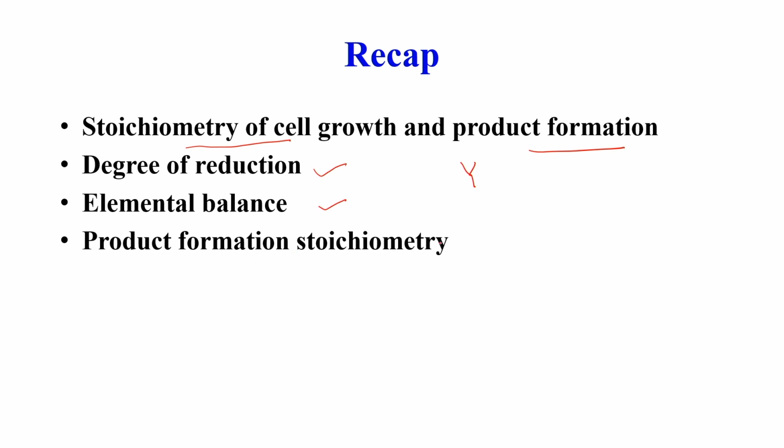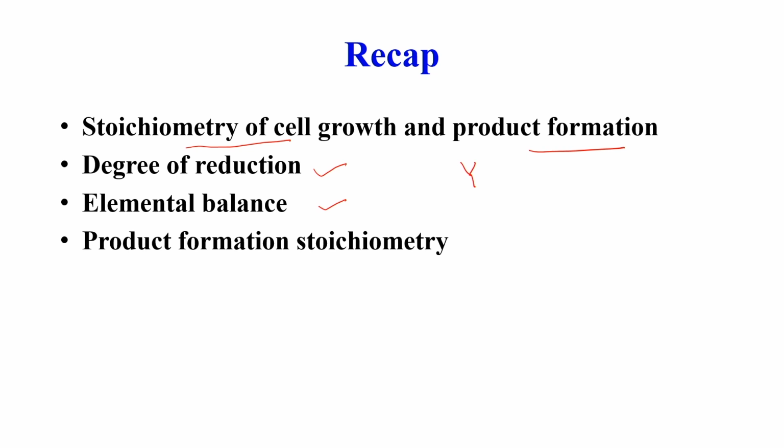of product formation. There are different classes of product formation, like class 1, where the product is directly part of the stoichiometry relation, and class 2, where products are indirectly related to the stoichiometric equation.